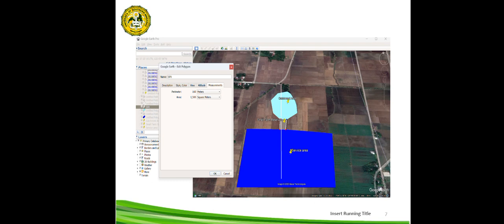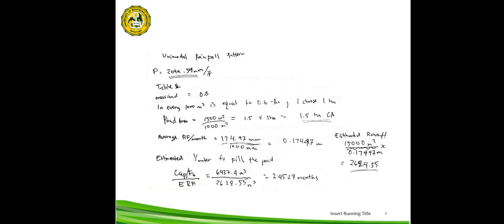This is the design for the small farm reservoir, which has 1,500 square meters. Based on PAES, we need 1,500 meters squared of area. For a unimodal rainfall pattern, the rainfall is equal to 2,099.59 mm per year.